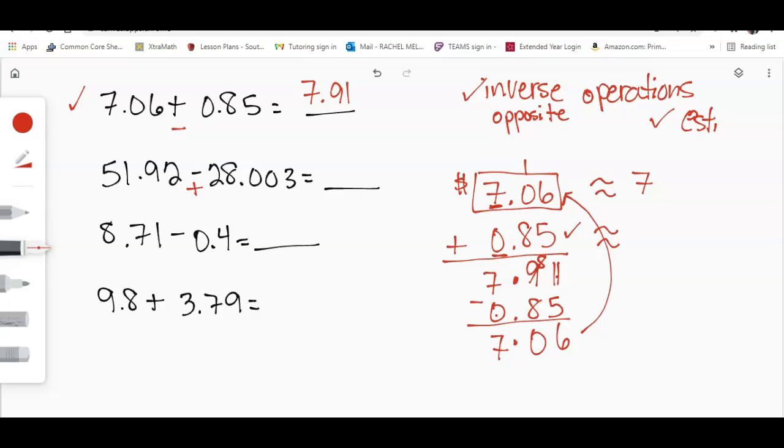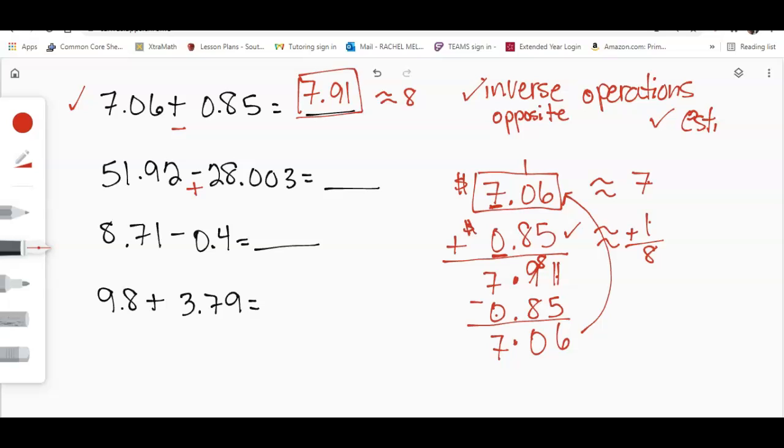Same thing down here. If I'm thinking of money, 85 cents is much closer to $1 than it is to no dollars. So I'm going to round that to 1. Well, 7 plus 1 is 8. And thinking of our answer over here, we had 7 91/100. Is that close to 8?